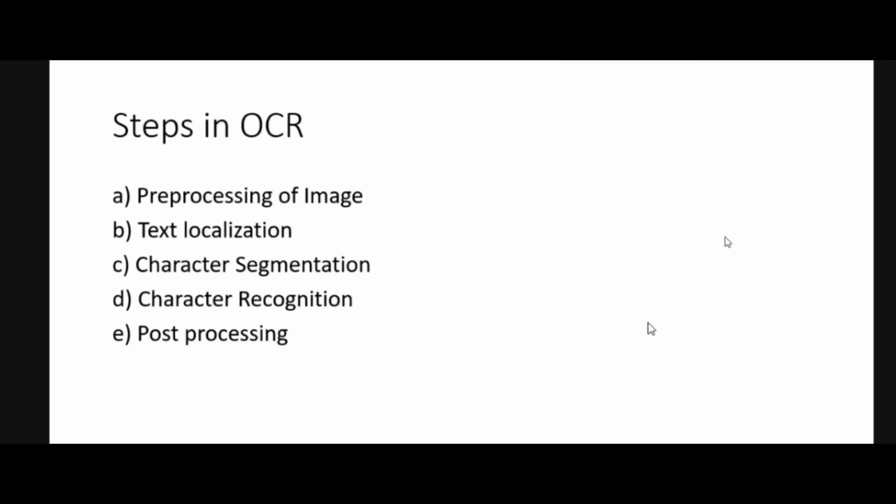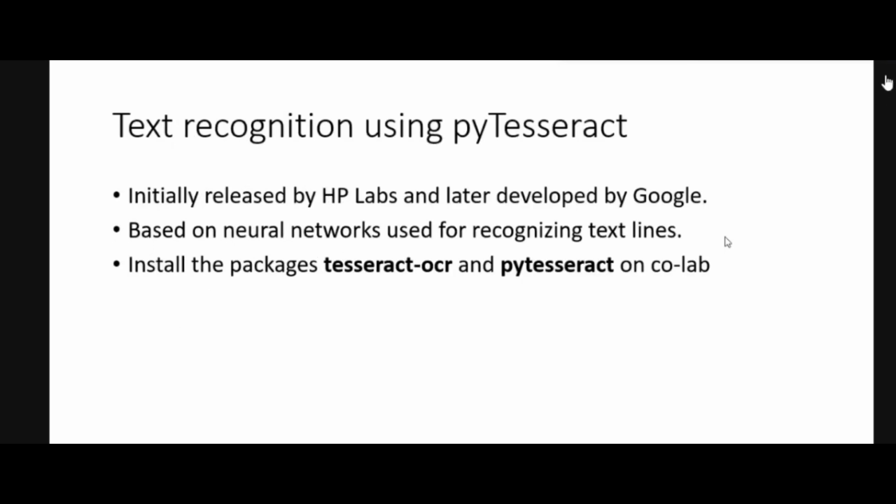The best thing you can do is use some kind of OCR framework to identify the text first, for which text localization is important. Then, character segmentation: after the text has been identified, you need to identify individual characters. Once you have segmented the characters, you need to know what each character is, whether it's A or B, or a numerical. And once everything is done, you finally report the license plate number in the post-processing step. These are the fundamental steps in OCR.